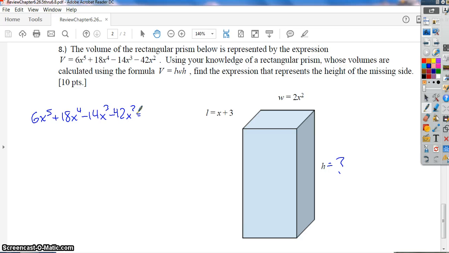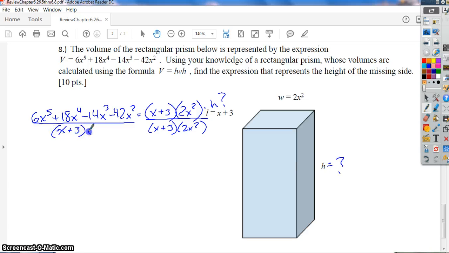So volume is length times width times height. My length would be x plus 3 times 2x squared times whatever h is. So if I solve this for h, I'm actually dividing this by x plus 3 times 2x squared, which is 2x cubed plus 6x squared.